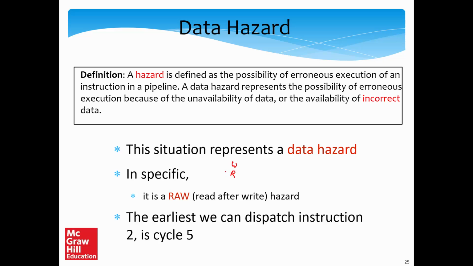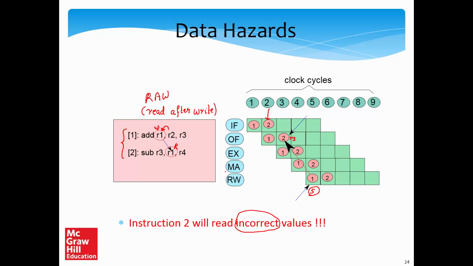So the earliest we can dispatch instruction 2 is actually cycle 5. If instruction 2 enters the pipeline in cycle 5, in cycle 6 it will be over here and it can happily read the data from the register file.